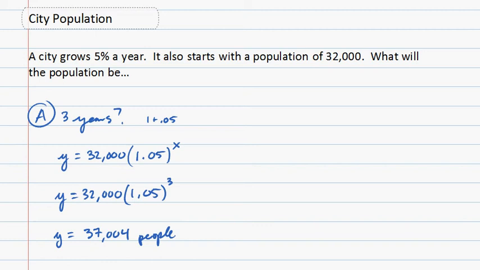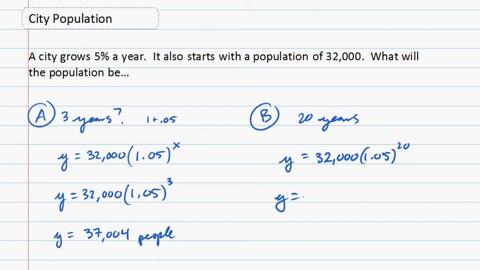Okay, so if we wanted to go further, B, we could say like 20 years. So the nice thing is, we get to use that model again. And we'll do 1.05, and we'll just put 20 in there. Okay, so you go back to your calculator. Instead of 3, you put 20. And I'm getting 84,905.5, and there are some other decimals behind it.